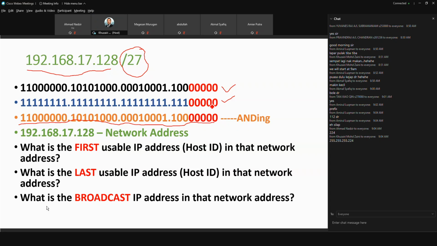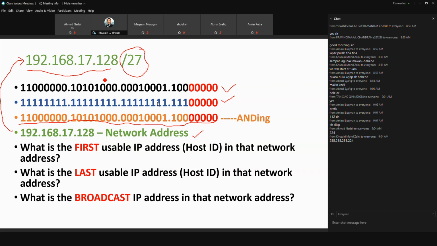After you do the AND operation, the result you get is 192.168.17.128. So this result is the same as this one, meaning that the IP address is the network address.